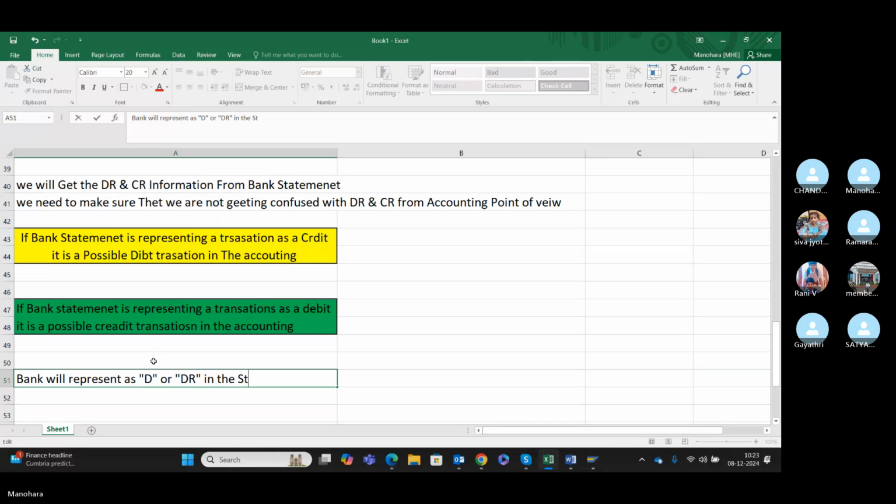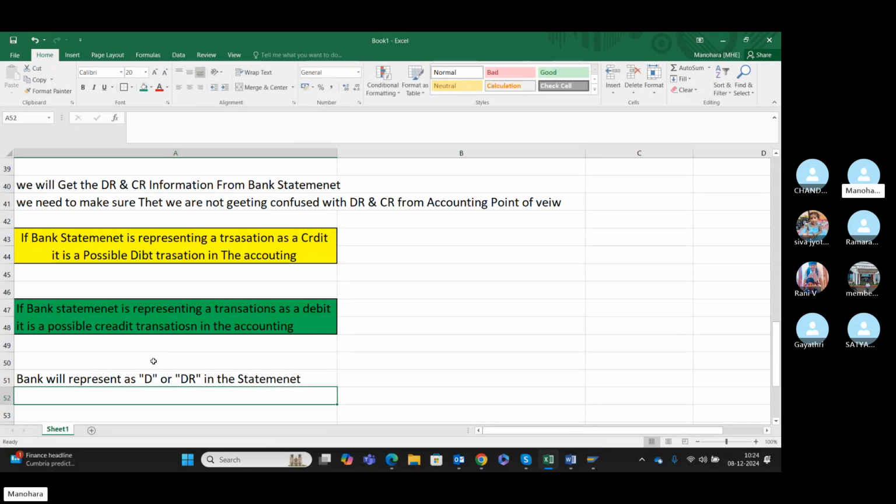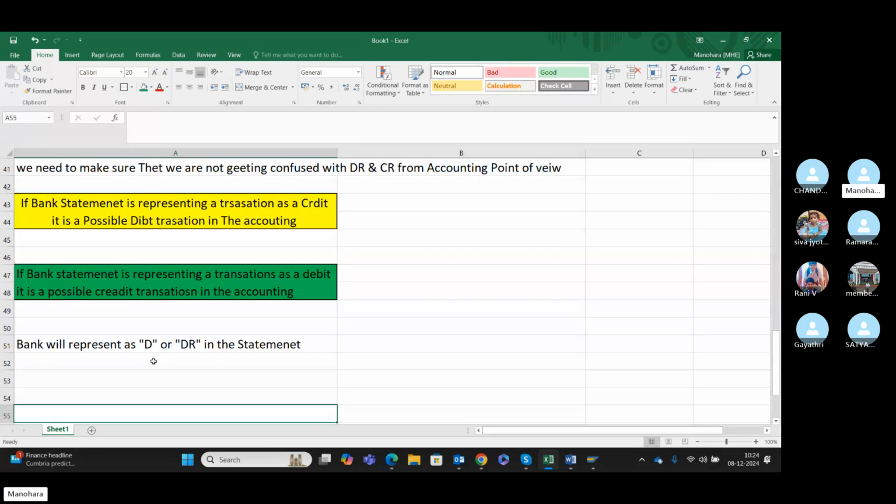Whenever you receive bank statements tomorrow, they will be represented like that, debit or CR, D or CR. Don't get confused.